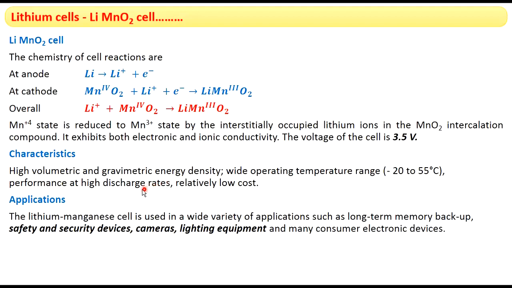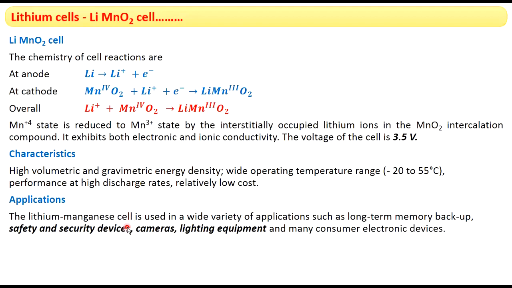And it performs well at high discharge rates. Performance is good and relatively low cost. Lithium is of low cost, so the lithium MnO2 cell is somewhat cheaper. So these are the advantages of lithium MnO2 cell.